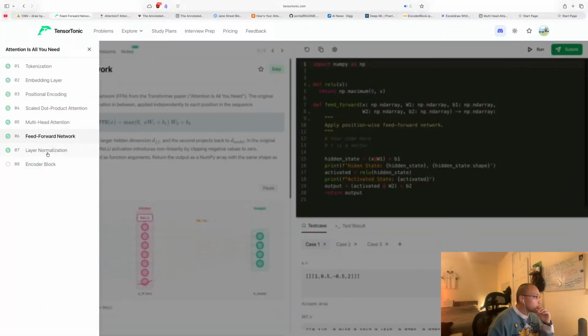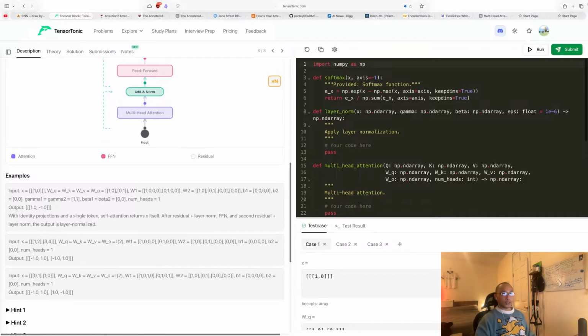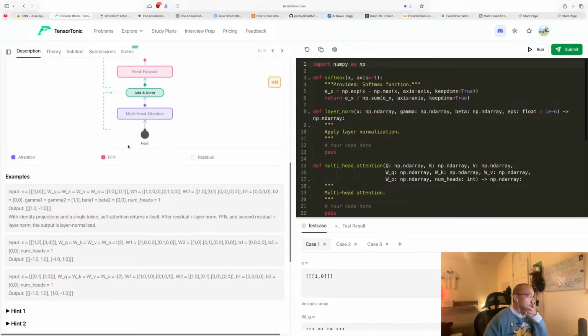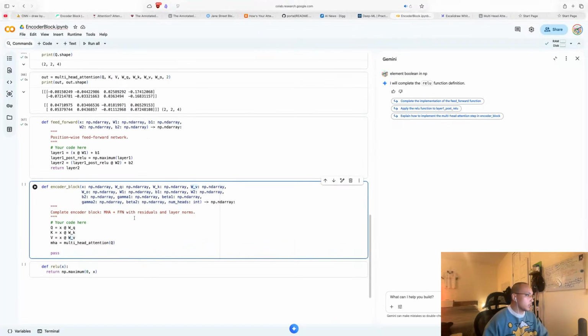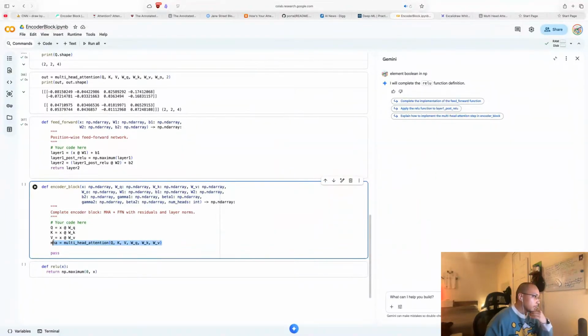So let's see. Let's try to remember where to plug the residuals in. So you plug it into the first multi-head attention, and you get what? Query, key. So okay, if this is the case, it looks like the explanation of this in TensorTonic, at least that's how it is being done, right?